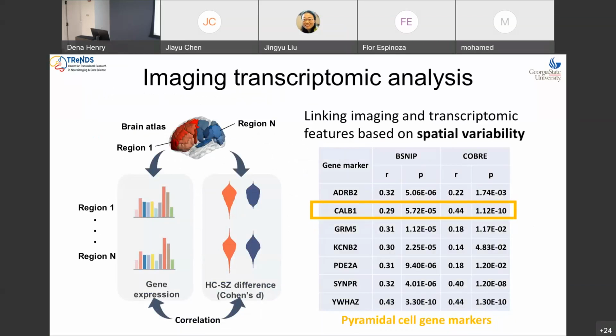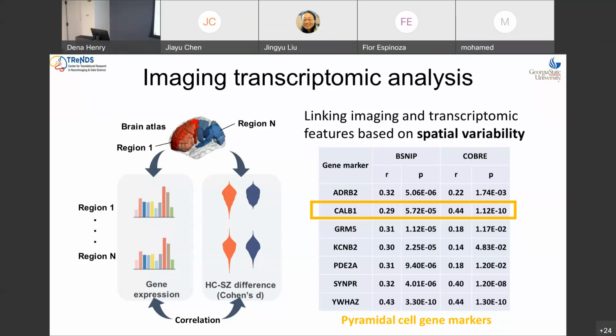Next, in this slide we briefly introduce the imaging transcriptomic analysis, which is mainly to provide another perspective of data fusion. It's not like all those ICA or CCA-based approaches where we assess correlations between features along the subject dimension, based on their variation across subjects.